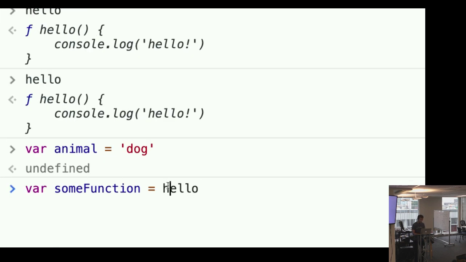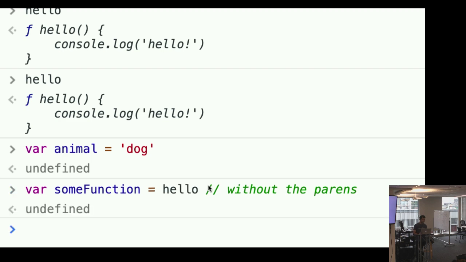And notice again that I'm writing hello without the parentheses. And that's legal. It's just a thing that JavaScript lets me do. It lets me take a function or an action and save it in a variable.